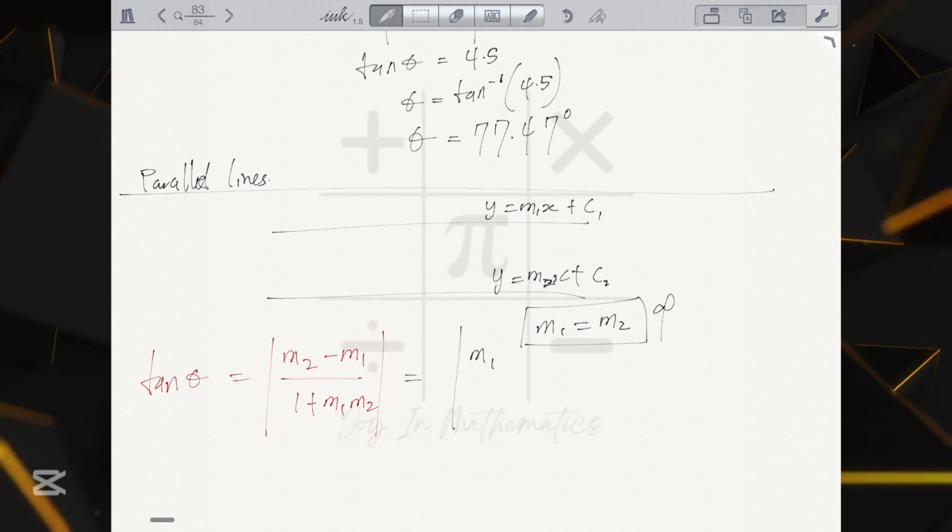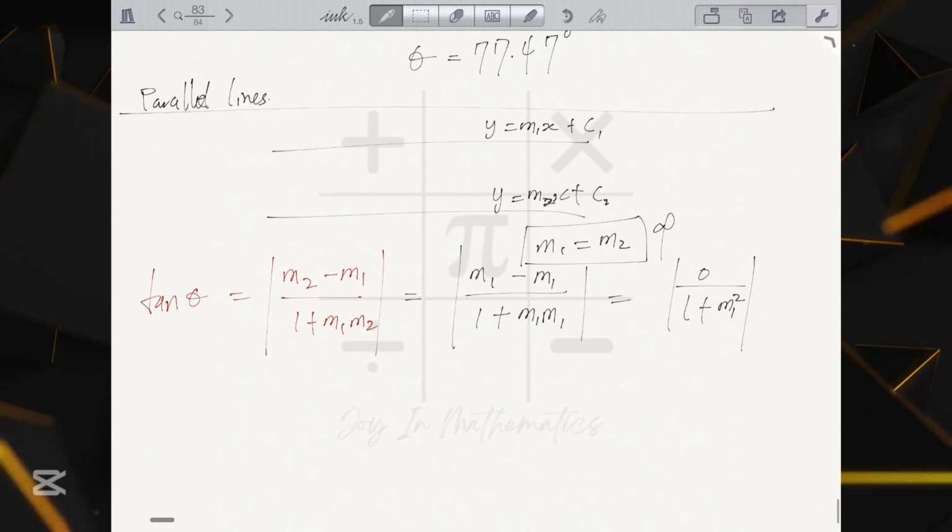This will be m1 minus m1 divided by 1 plus m1 squared. So with this we'll have 0 divided by 1 plus m1 squared. Now we know that 0 divided by 1 equals 0, likewise 0 divided by infinity equals 0.